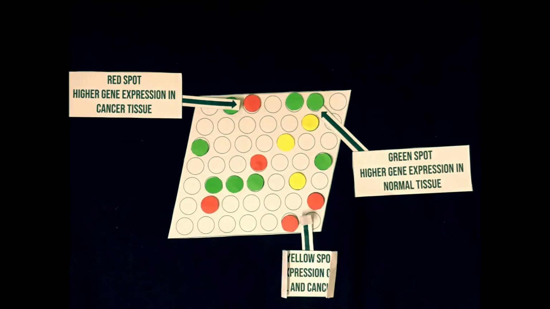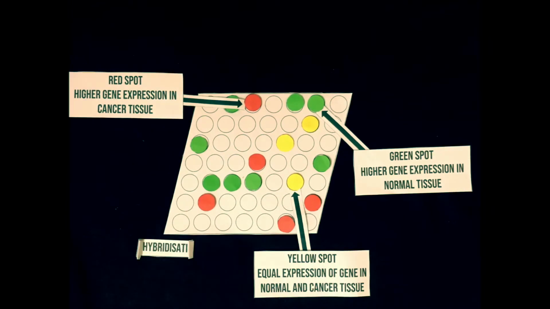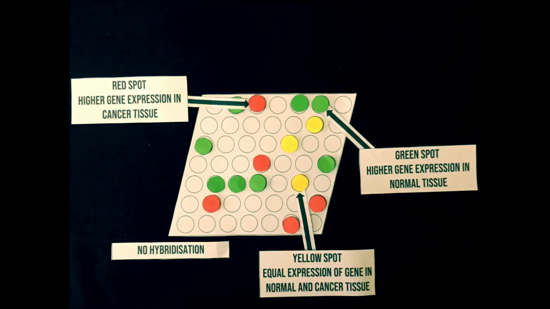The yellow spot indicates that the gene is expressed equally in both tissue. If the gene is not expressed in either tissue, the spot will not fluoresce. This is because each area of the microarray contains a known sequence that is corresponding to a known gene.